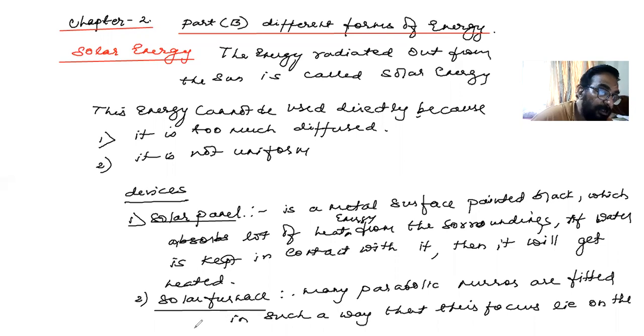So the rays of light falling on these parabolic mirrors get reflected to that area, and a lot of heat is produced in that area. This heat energy can be used for heating water to its boiling point, producing steam. Got it? Many parabolic mirrors are fitted in such a way that their focus lies on the same area.